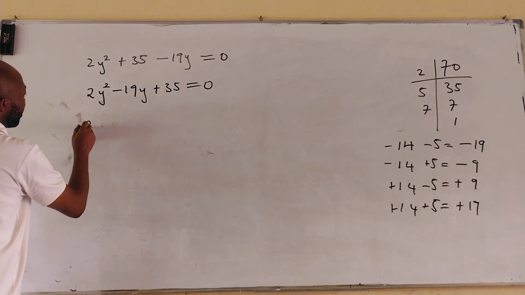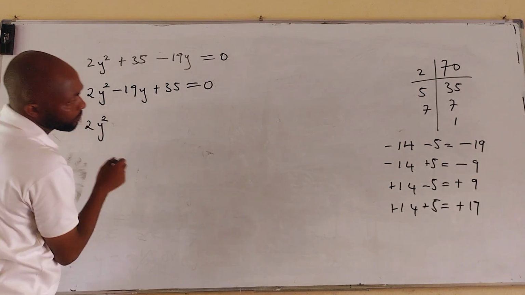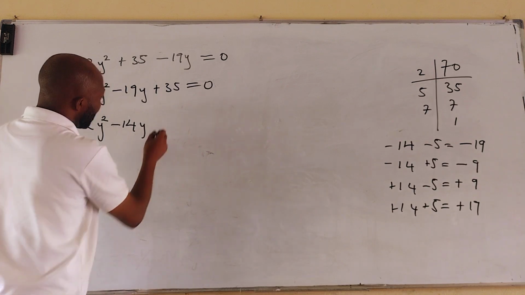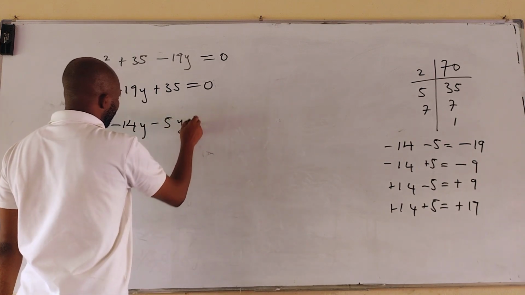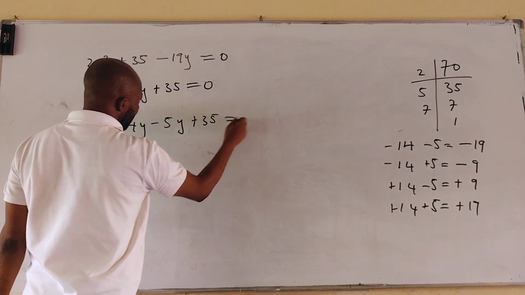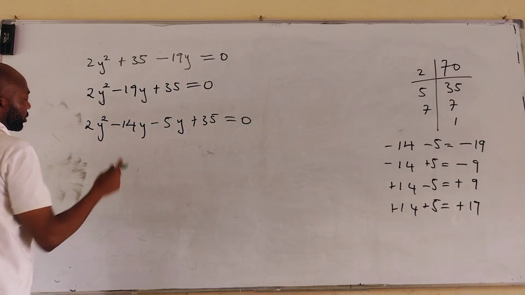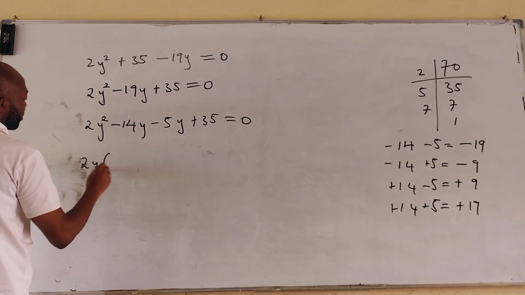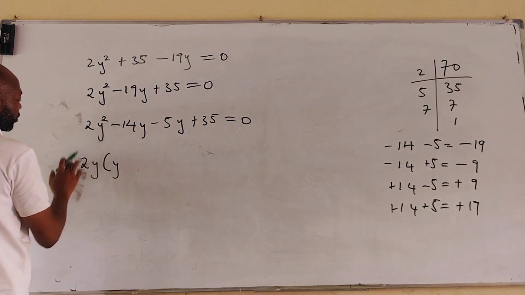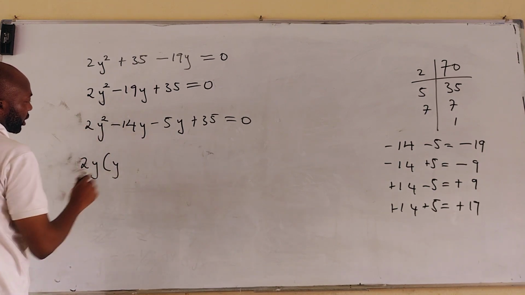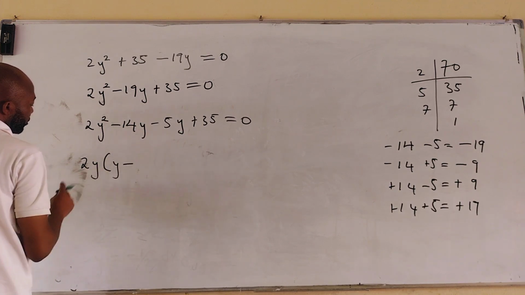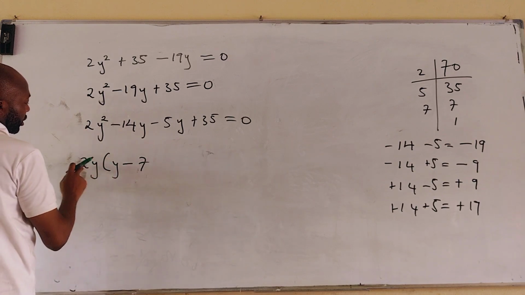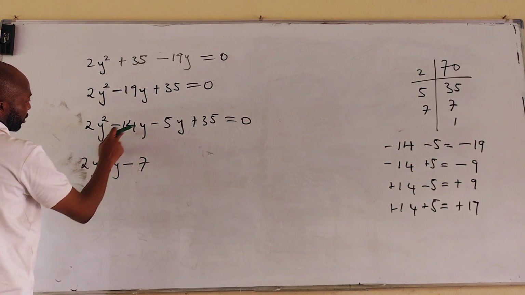So I have my 2y squared minus 14y minus 5y plus 35 is equal to 0. So let's start here. I have 2y outside, open bracket, y inside will give me 2y times y is 2y squared. 2y times minus 7 is minus 14y.